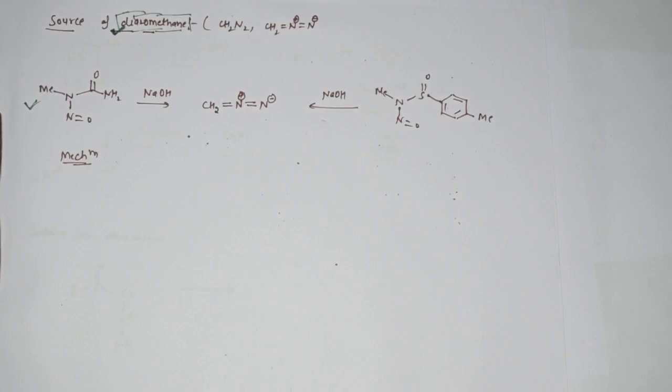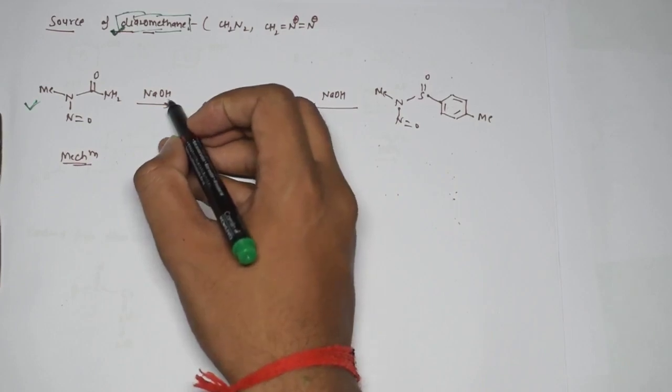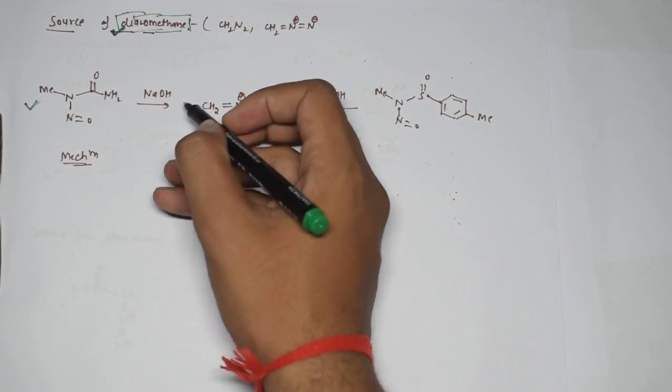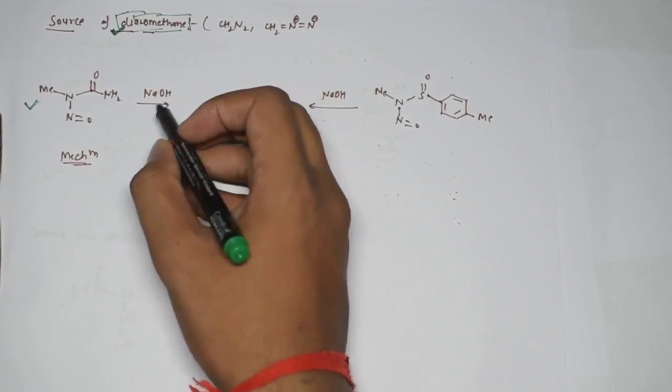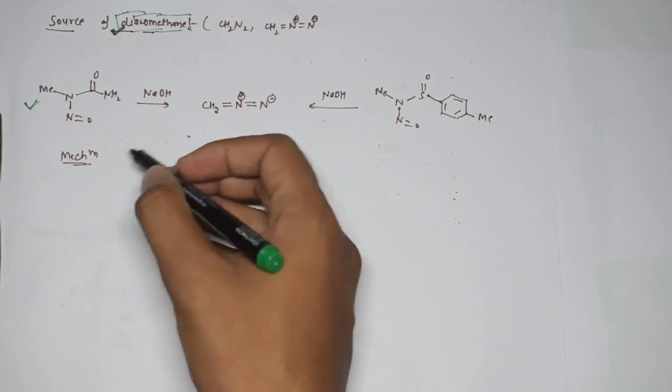Here we have something like this, which you can see, this compound, right? And when this compound is treated with the base, NaOH, the formation of diazomethane can take place, right? How the mechanism will proceed, I am coming to that point as well.